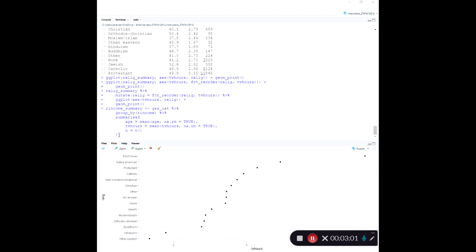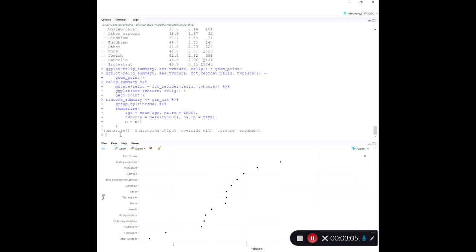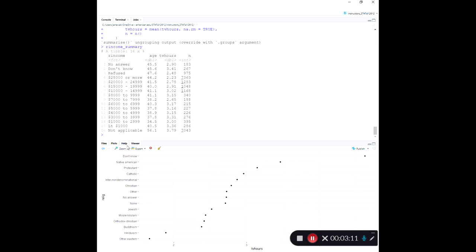And if I look at what I have in our income summary, I have the average age and the hours of TV and the number of people in that category.